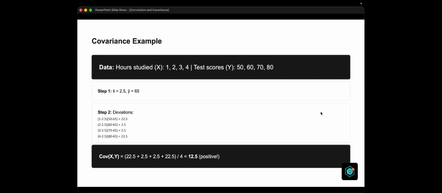That's why we always need to have a consistent number of data. If we have one value missing, we would replace it here by 0. We will deal with missing data later. For now, the covariance we got is 12.5, which is positive.